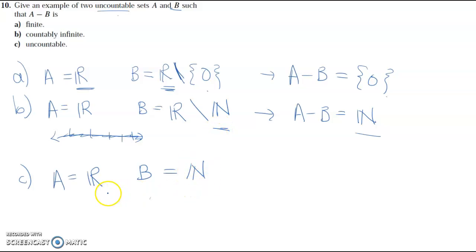If we do this, A minus B would be all real numbers except all natural numbers. So there we go. This is an uncountable set, so this is a good example to satisfy part C.